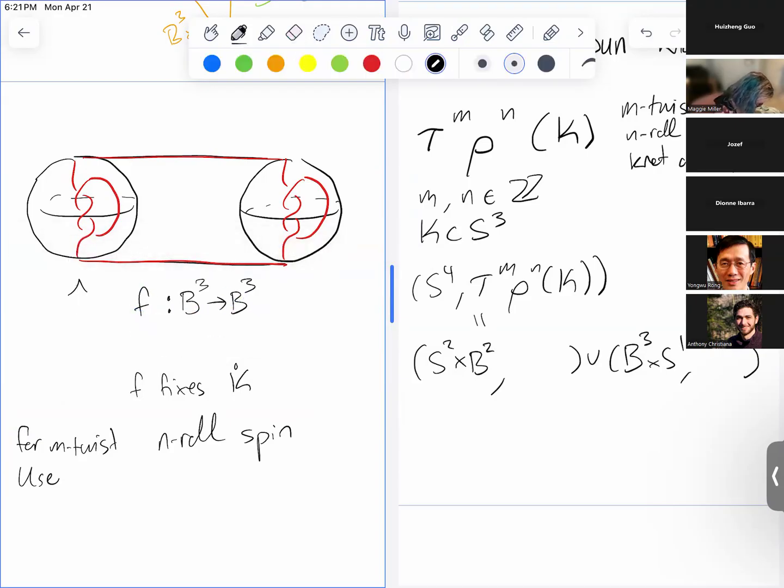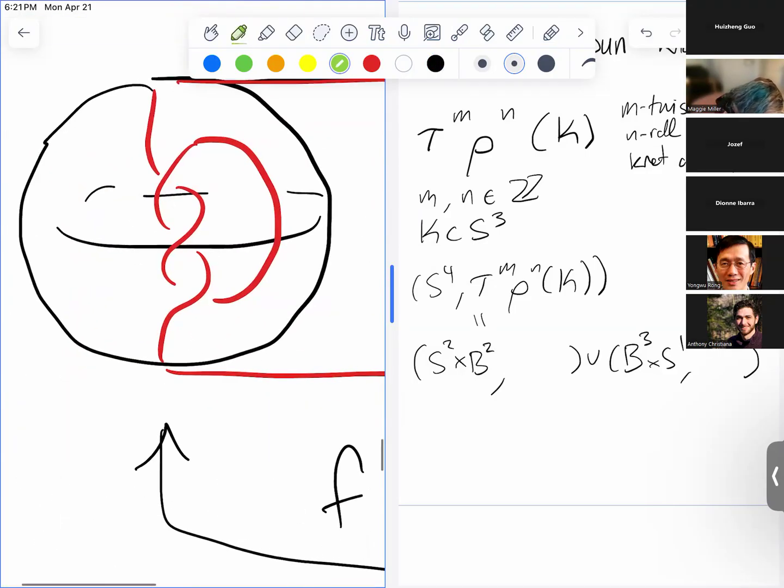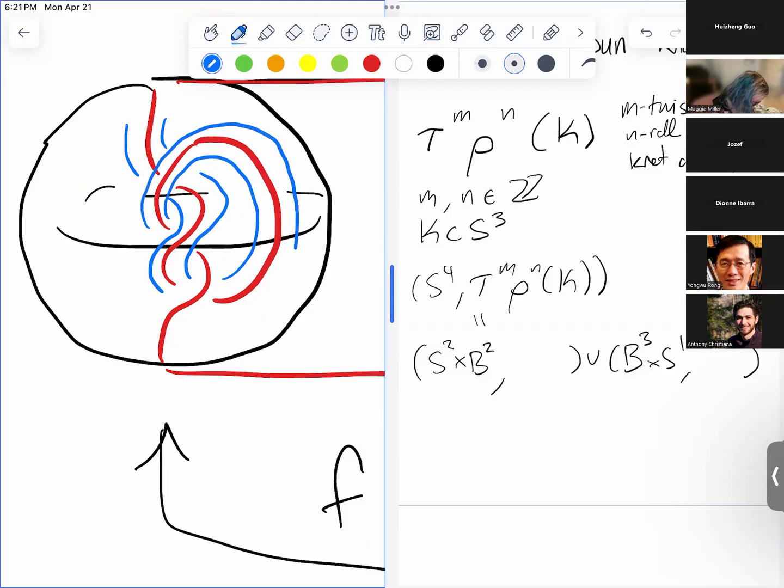Okay, so this is going to be the map that is supported on a neighborhood of a torus, very close to the knot. So let's zoom in so we can draw this a little bit better. Here's the torus. First, I'm going to take a tube, which is very narrow and follows the path of the knot, and it doesn't quite make it to the boundary.